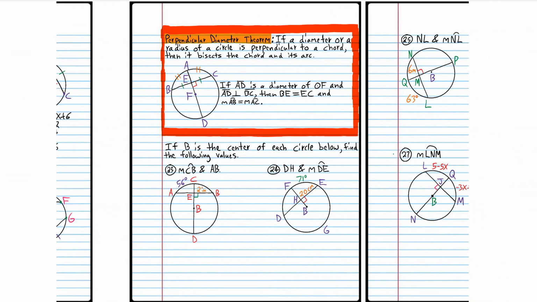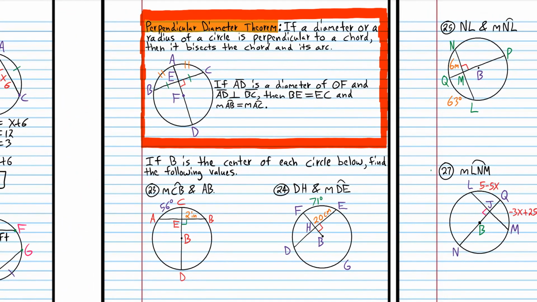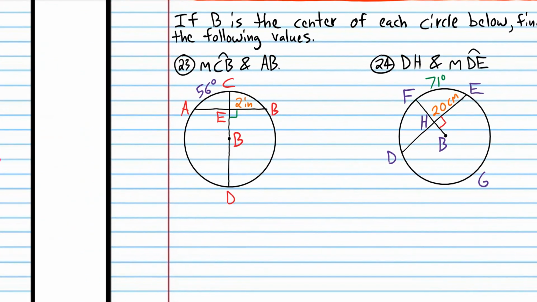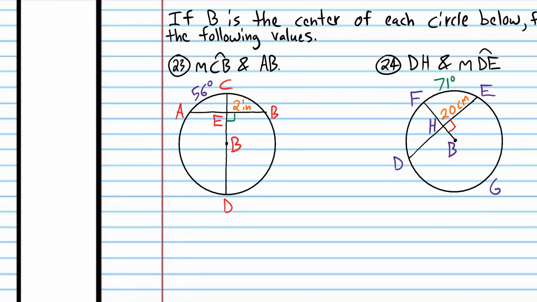And we're going to go ahead and do some practice problems here. If B is the center of each circle below, find the following values. All right, so we know this is a diameter because it goes through the center B. We also know that it's perpendicular to this chord.